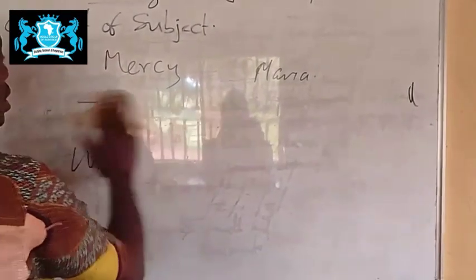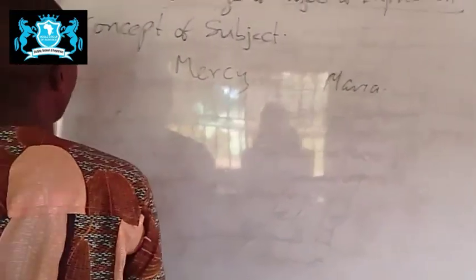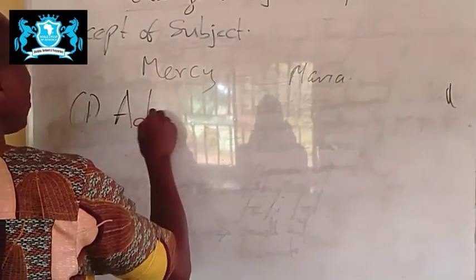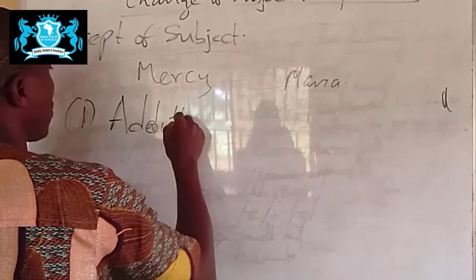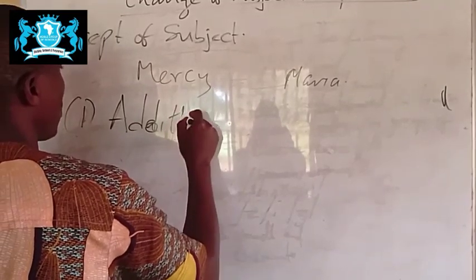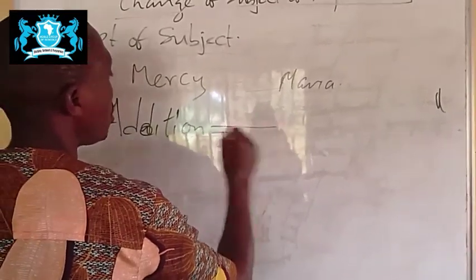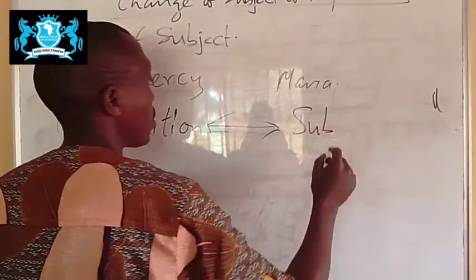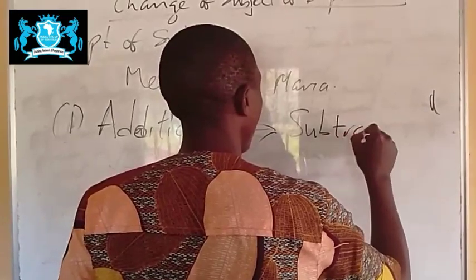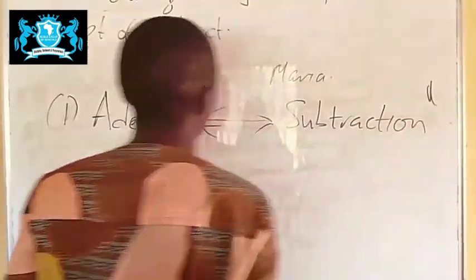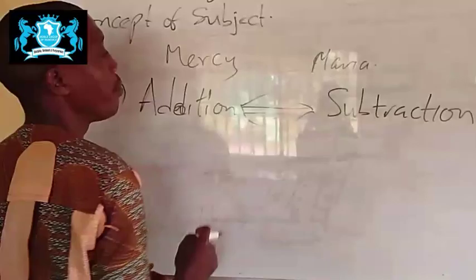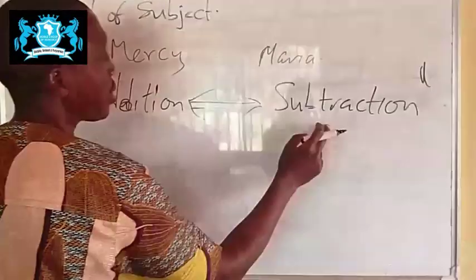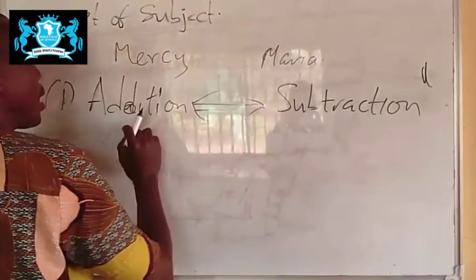First, conjugate number 1 is addition, which is conjugate to subtraction. You can see the double arrow, meaning that addition is conjugate to subtraction and vice versa, subtraction to addition.